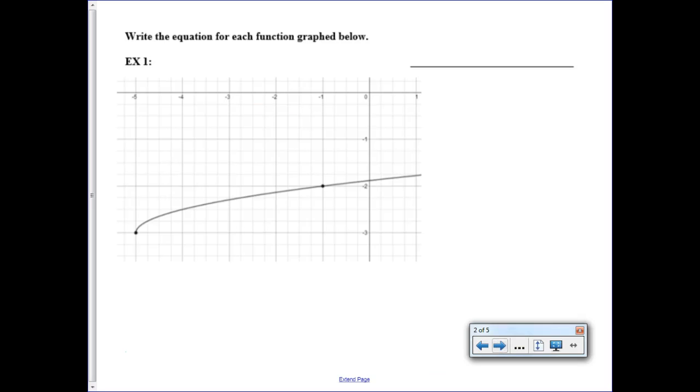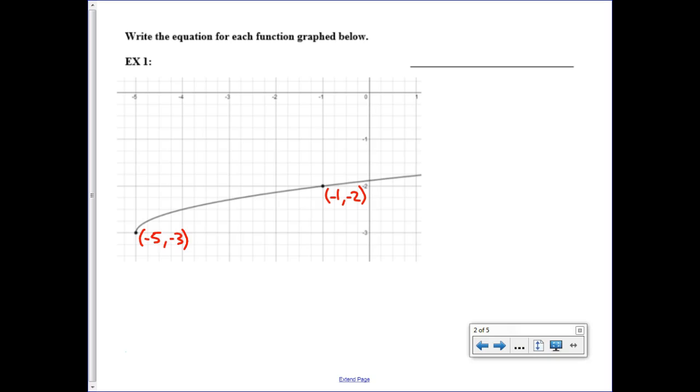And I have a couple points that are marked on here. So I'm at -5 here, and I'm at -3 for my y value. Then this one is -1 and -2.